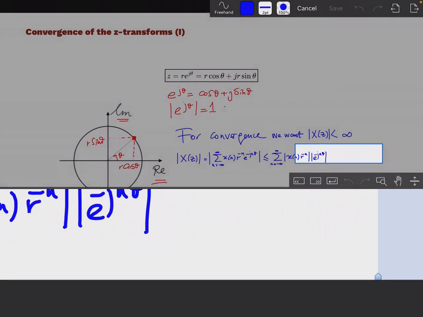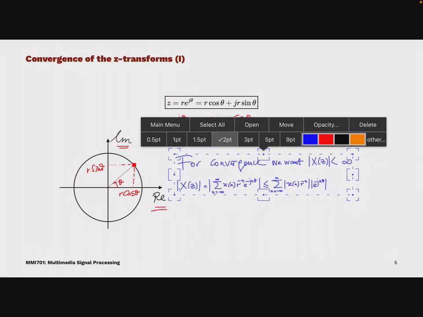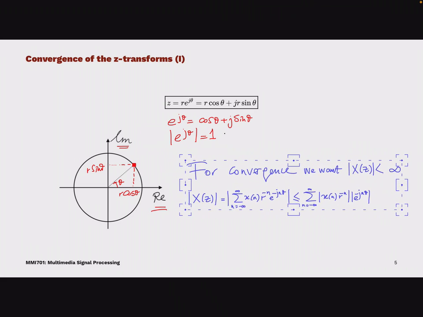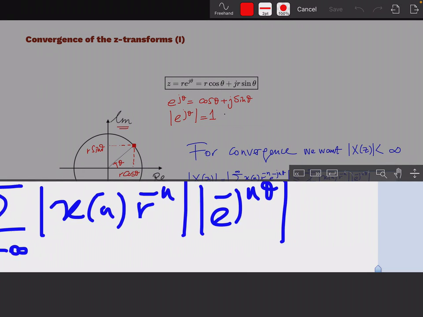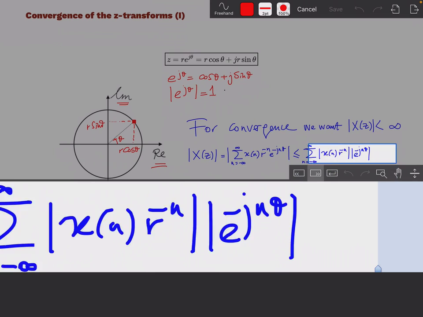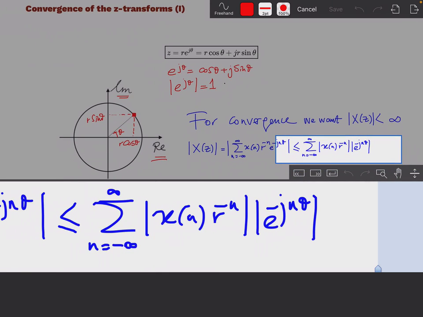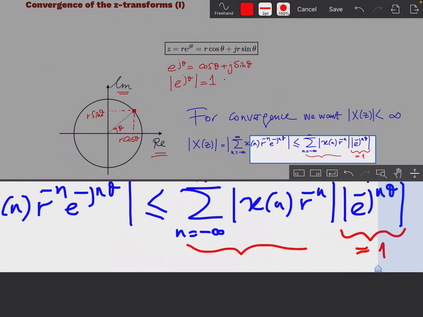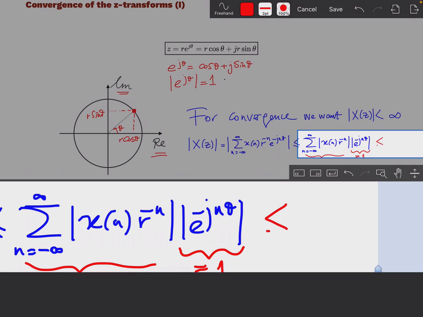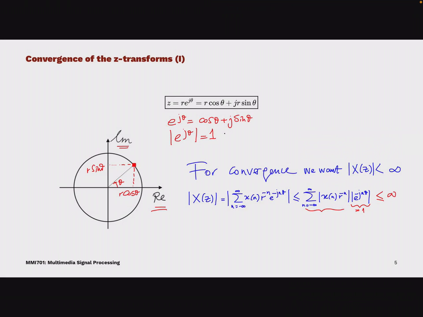Now here's the thing. Let me make this a little bigger. We know that the absolute value of this complex exponential is equal to 1, which means we would want this first part to be bounded. Okay, so that is good. Now we know something about this.